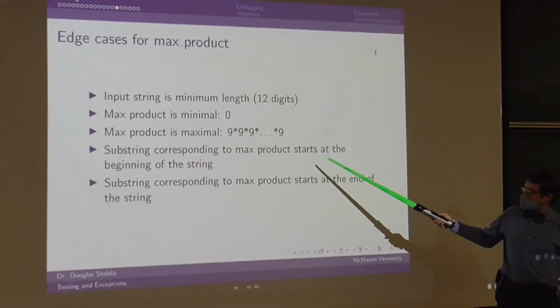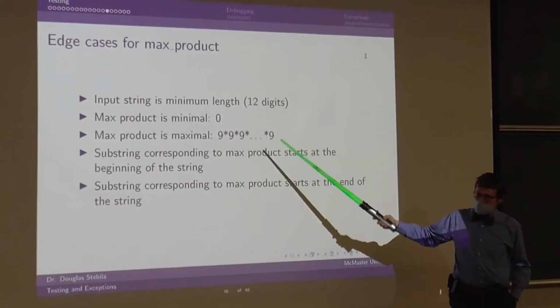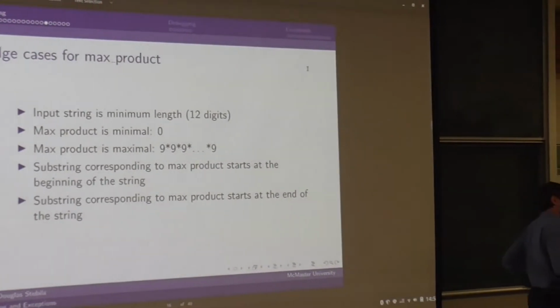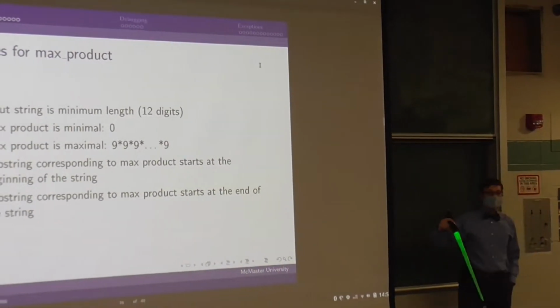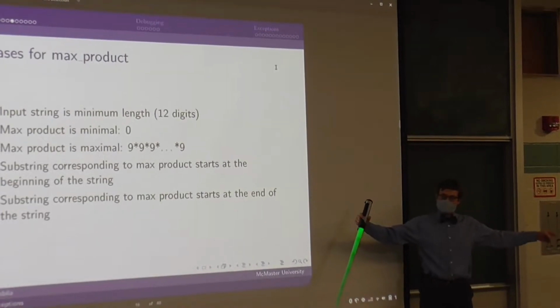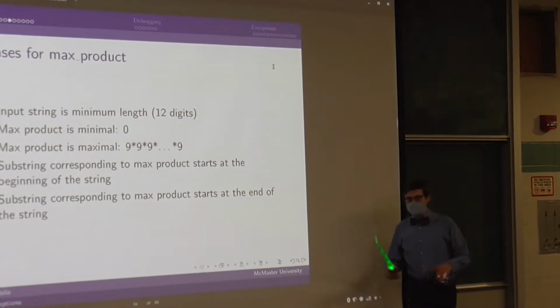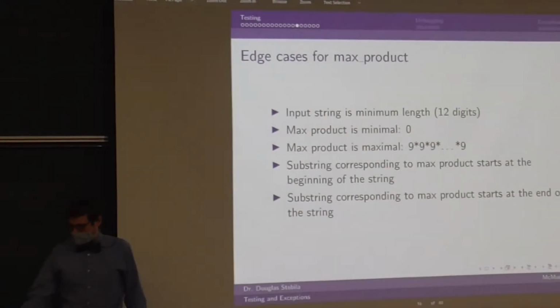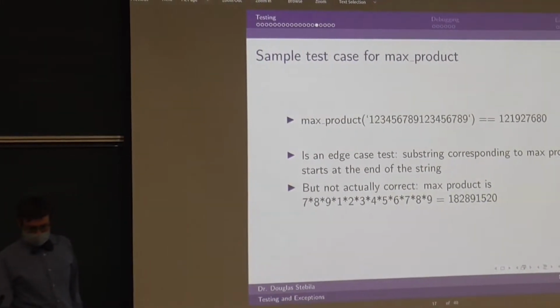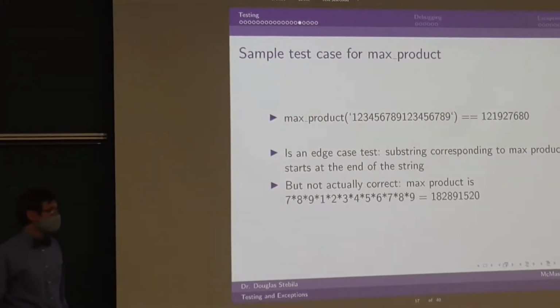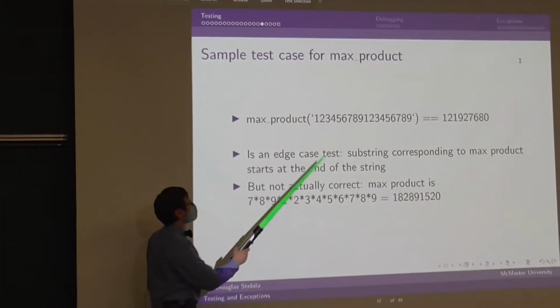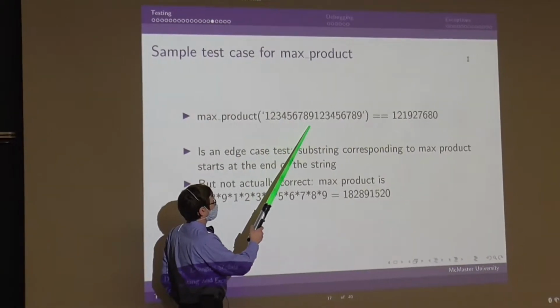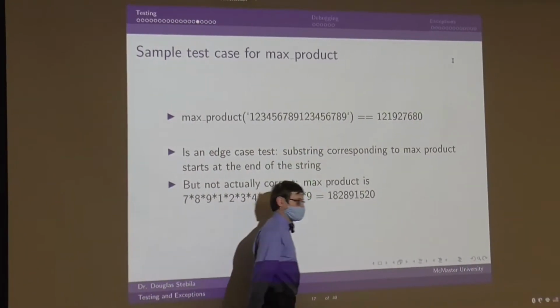So, again, we also want to test to see if the substring is at the beginning or at the end of the data set, right? We want to test that off by one condition. So let's consider the max product of 1, 2, 3, 4, 5, 6, 7, 8, 9, 1, 2, 3, 4, 5, 6, 7, 8, 9.